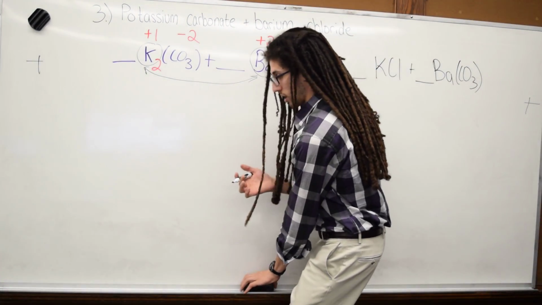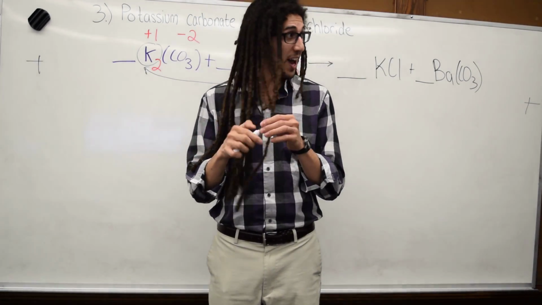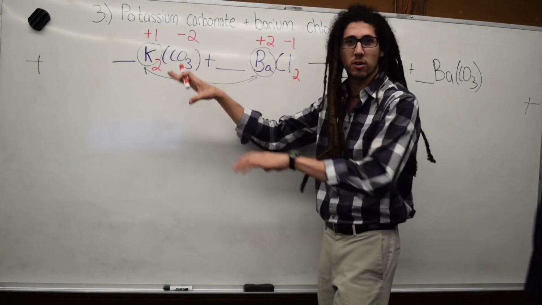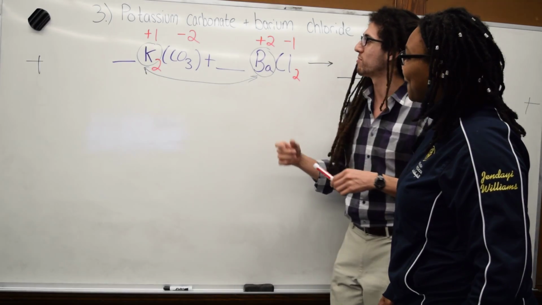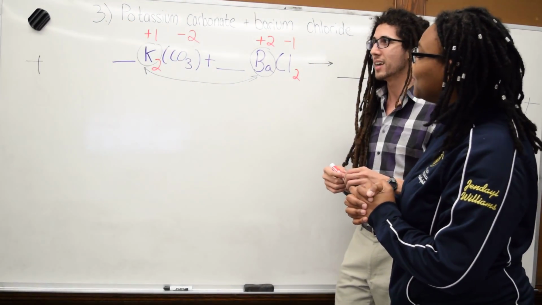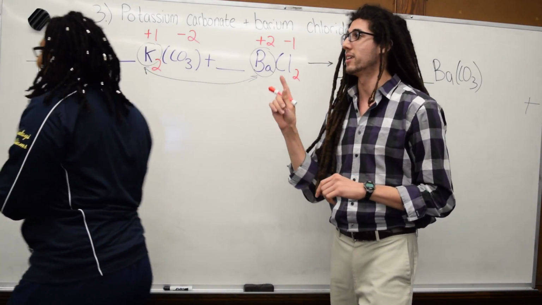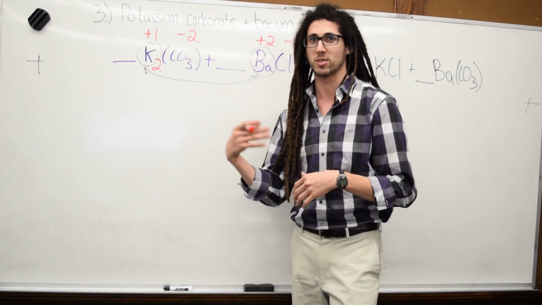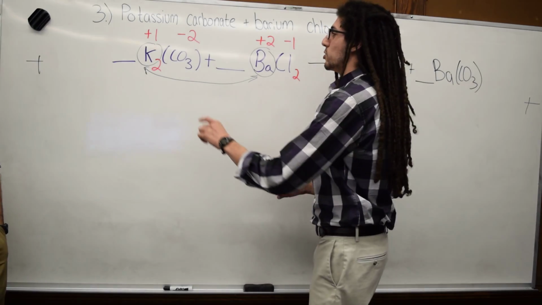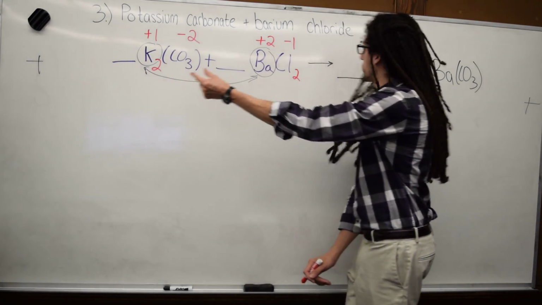And now I'm done, right? Mr. Smith, am I done? No, wait, there's more. Okay, cool. So now we need to do the same thing we did over here, and find the appropriate subscripts based on the charges for our products. Before we do this together, I'm going to point out number 1 error that we have been seeing this past week: do not take the subscripts from the reactants and just put them over on the product.